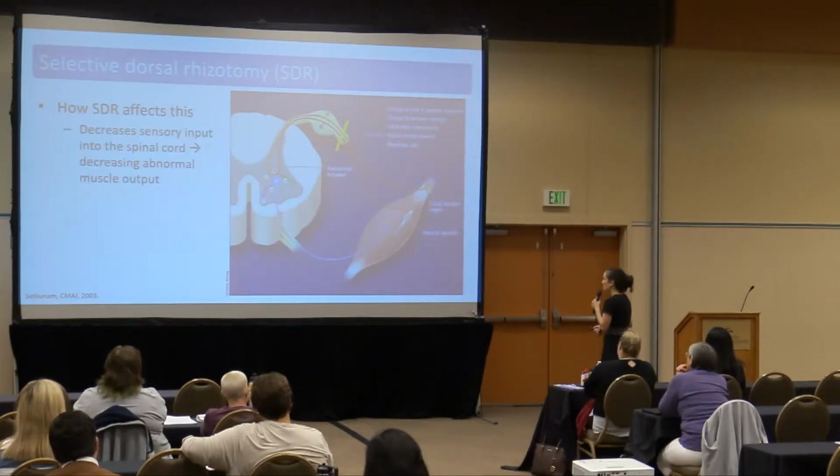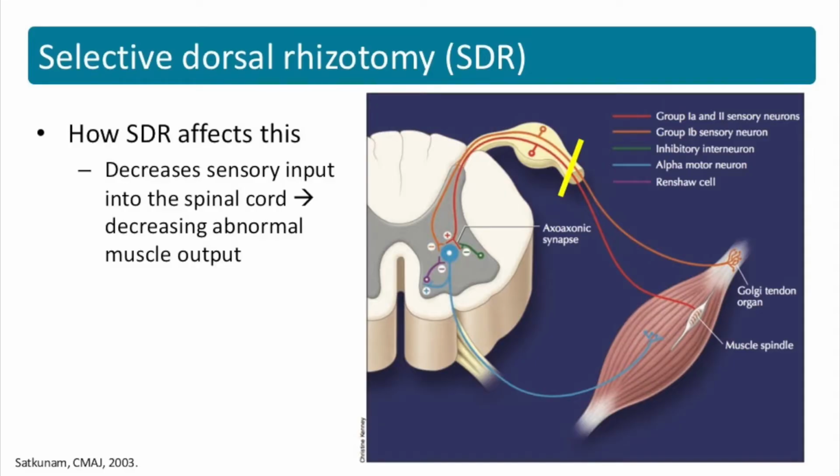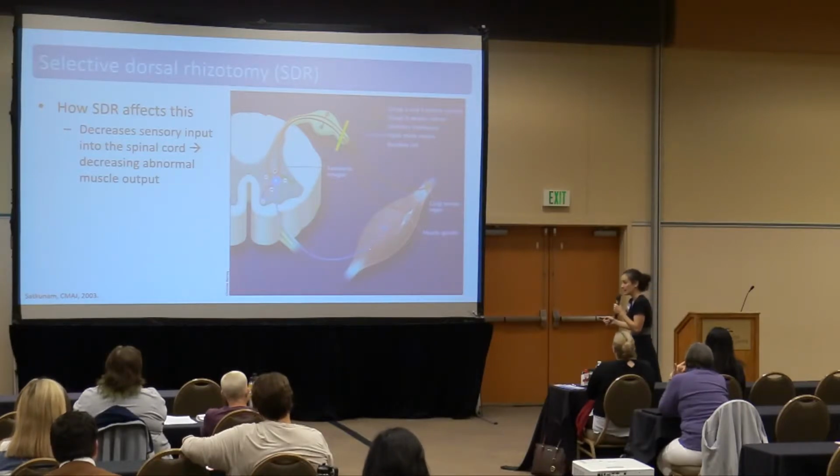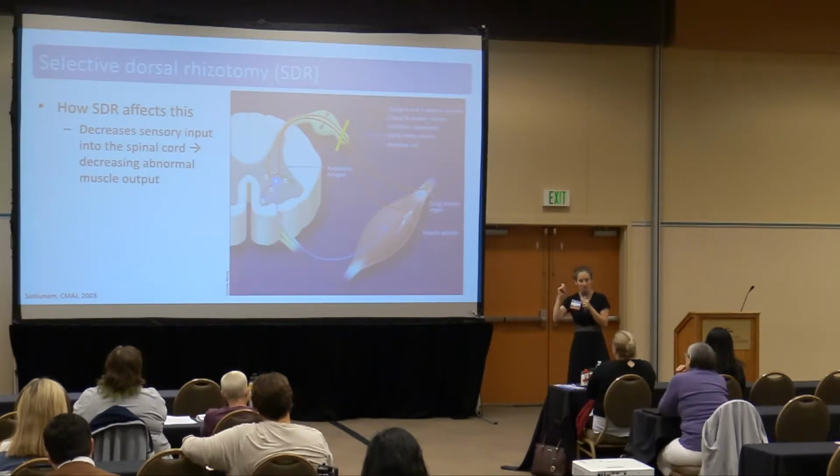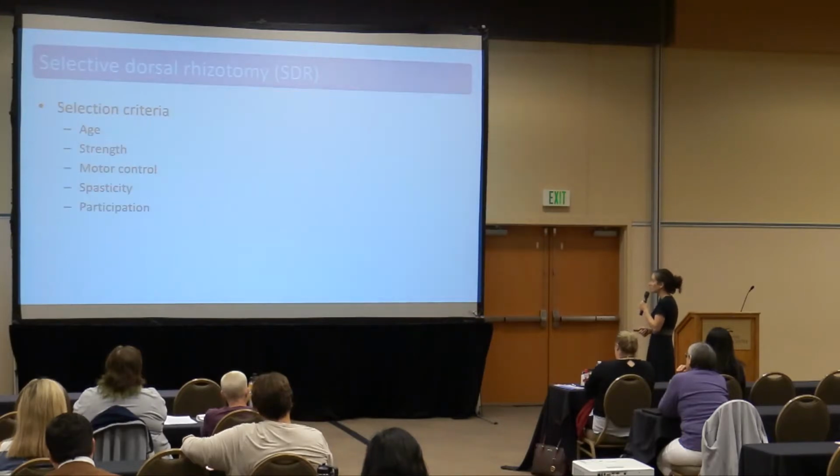And so with selective dorsal rhizotomy, what the neurosurgeon does is they cut that dorsal nerve, or a portion of that dorsal nerve, decreasing the sensory information coming in, therefore decreasing and getting rid of the spasticity that is a result of that loss of descending inhibition. So that's sort of how SDR works.